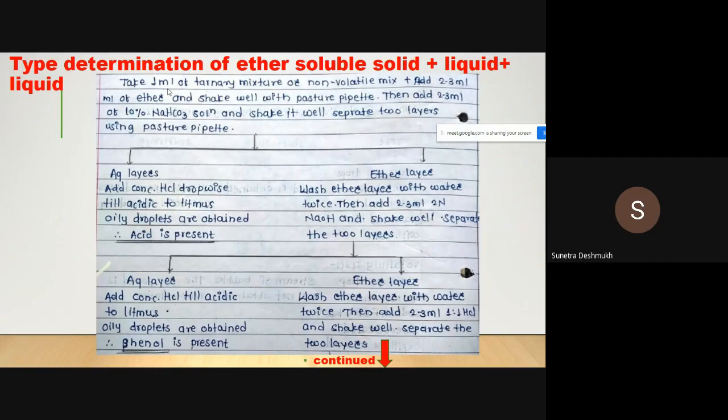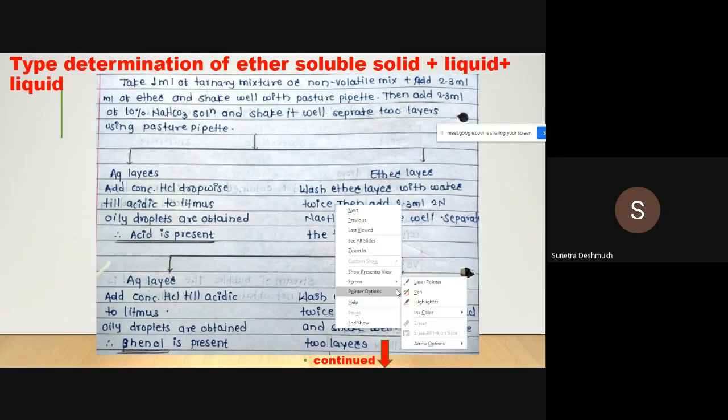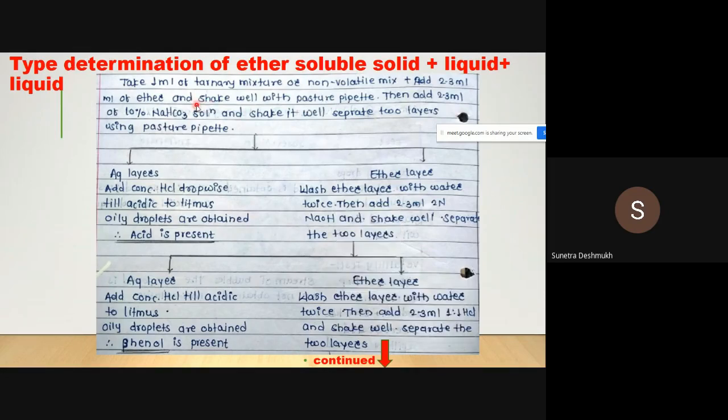So take 1 gram or 1 ml of the ternary mixture, and add 2 to 3 ml of ether. After the ether addition, you have to take everything into the separating funnel. By mistake I have written this here. What you have to write is ether in separating funnel, not pasteur pipette.